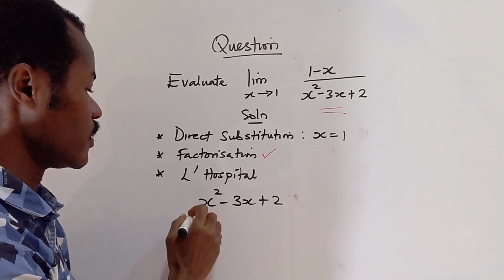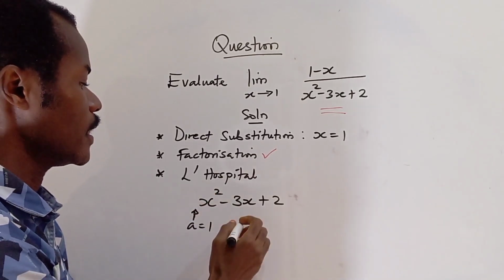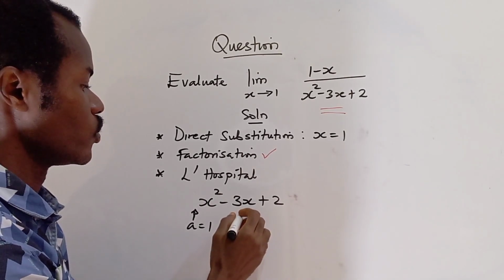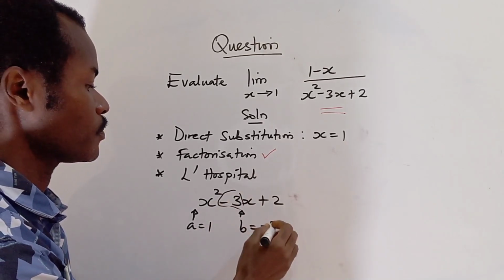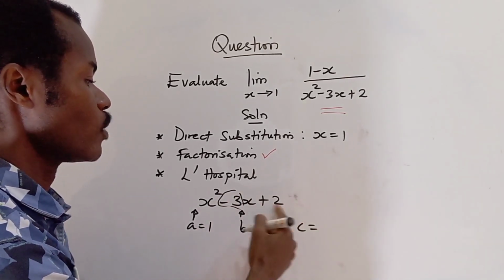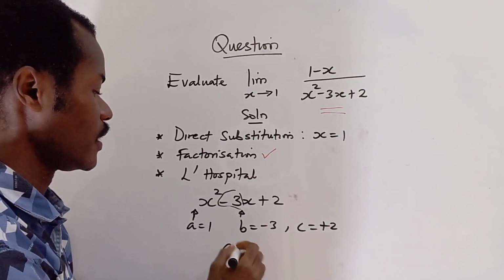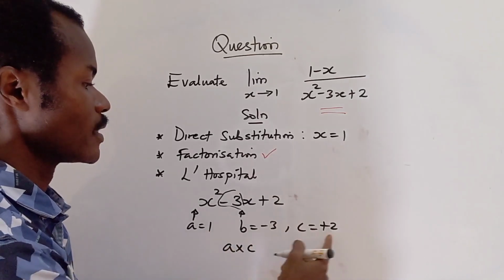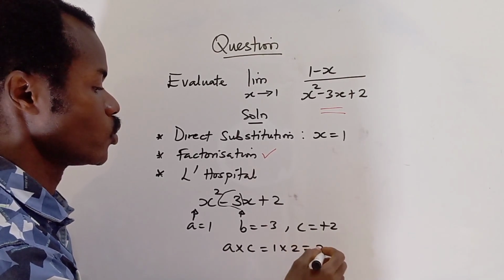Our a here is 1, which is the coefficient of x squared. Our b here is minus 3. And our c is plus 2. The next thing you want to do is find your a times c, which is 1 times 2, which is still 2.